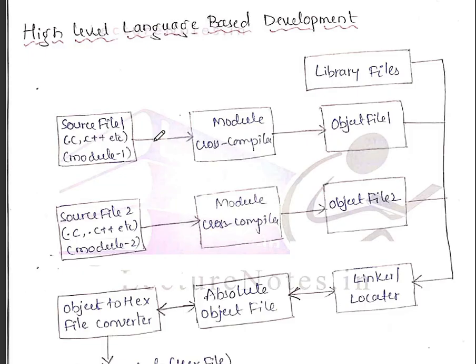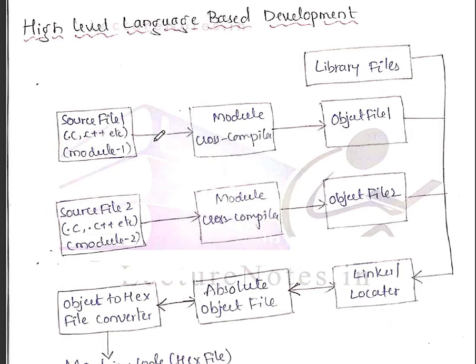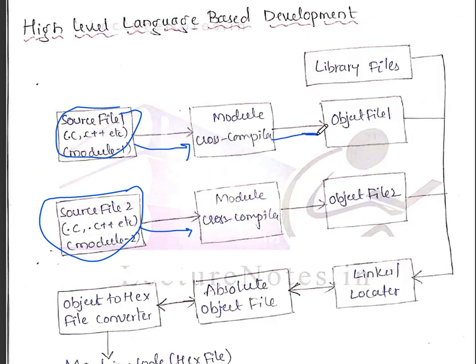So the next concept is high level language based development. First you'll have the source file with a .c or .c++ extension, and then it will be further transferred to the cross compiler block. From the cross compiler block it will move to the object file.